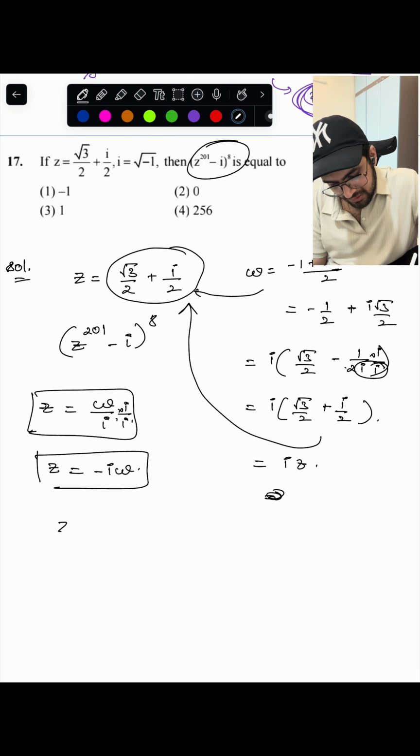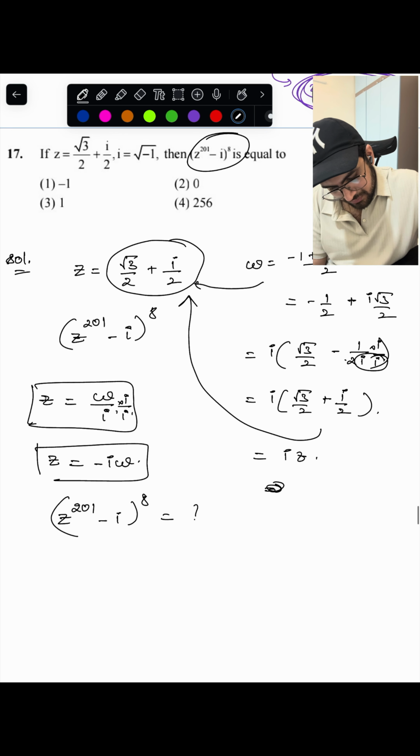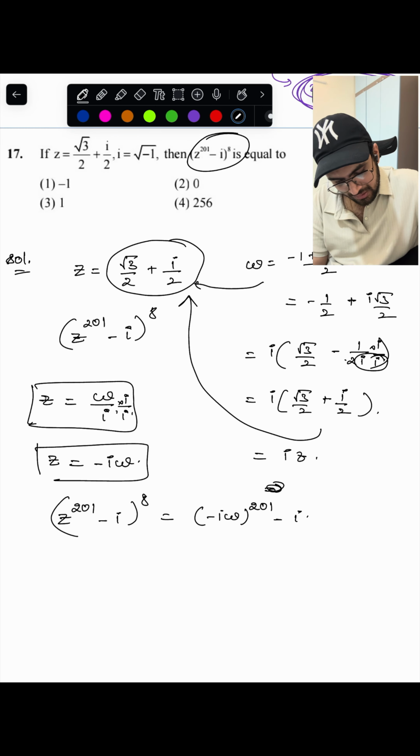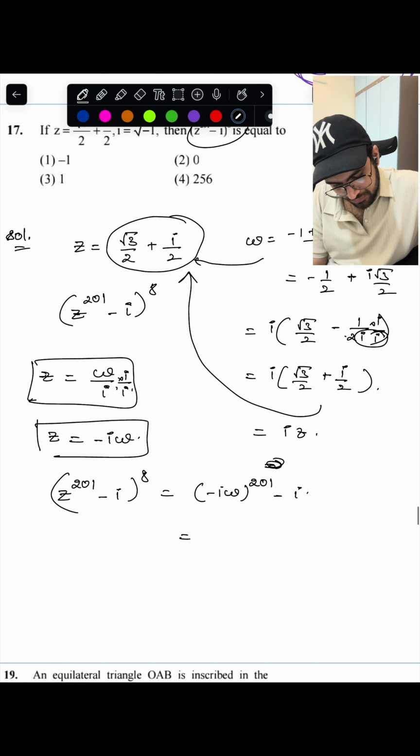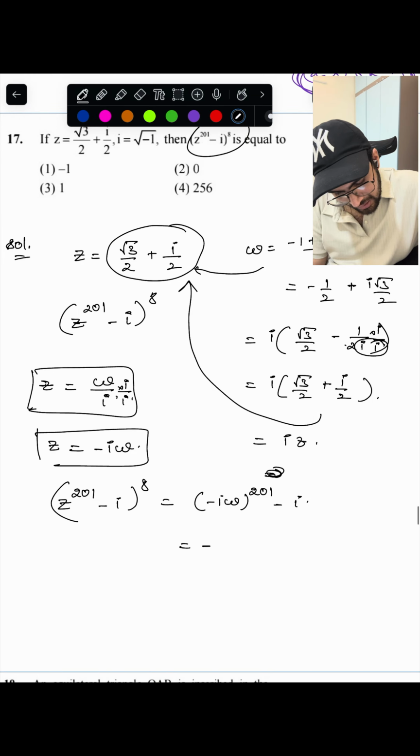So z power 201 minus i, whole power 8, is equal to how much they are asking. z power 201 means minus i omega whole power 201, minus i. Here i power 4 is 1 clearly, so i power 200 is 1.